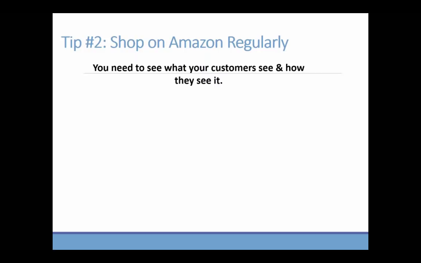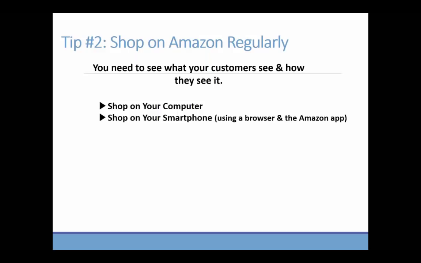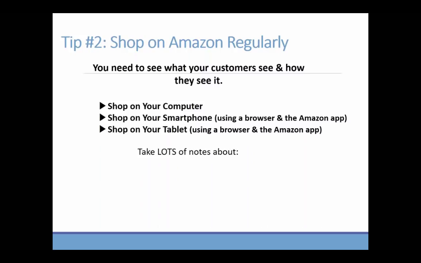You need to be able to see your listings and other listings in the same ways that customers do. You need to shop on your computer, on a smartphone, using both the browser in your smartphone and the Amazon app. You need to shop on a tablet using a browser and the Amazon app.